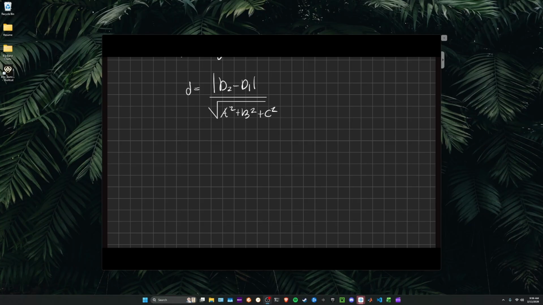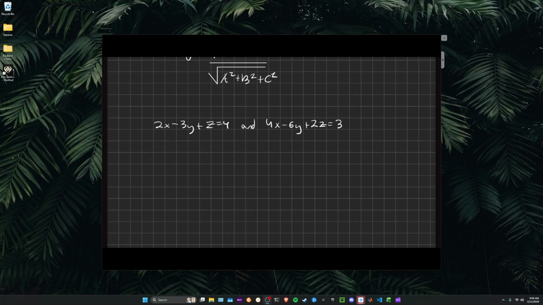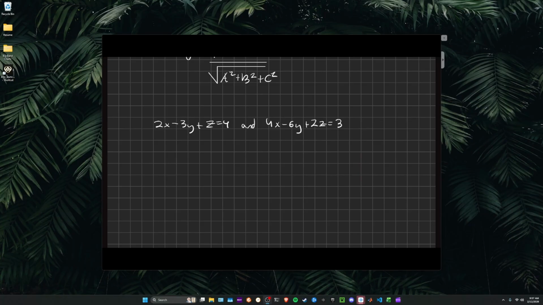Okay, so for 73 they give us 2x minus 3y plus z equals 4. And then they give us 4x minus 6y plus 2z equals 3. So we have two planes, so how do we do this? All we really want to do is divide the second plane by 2.